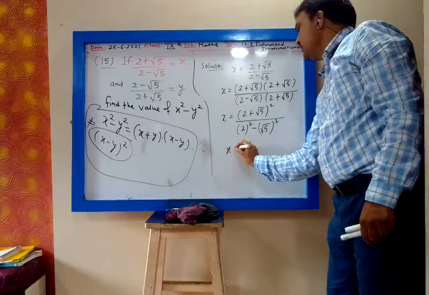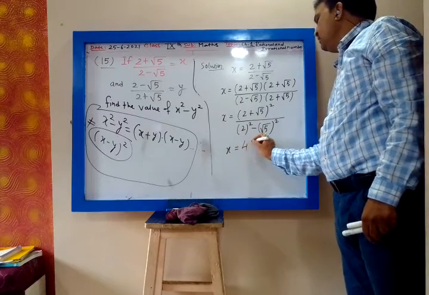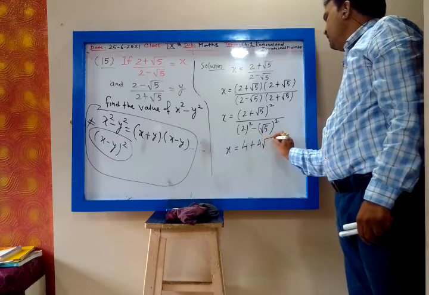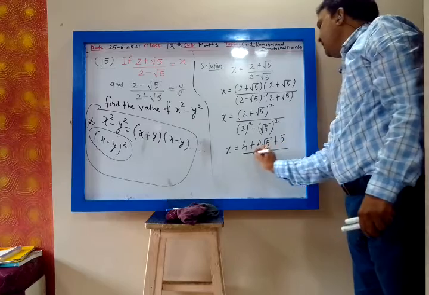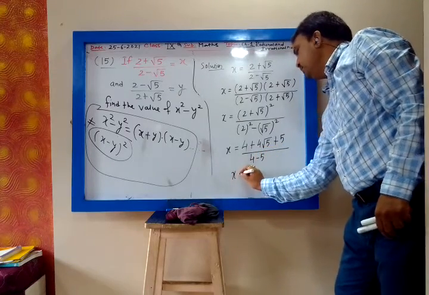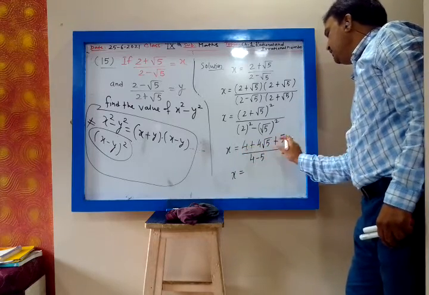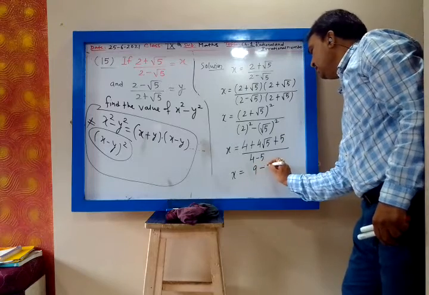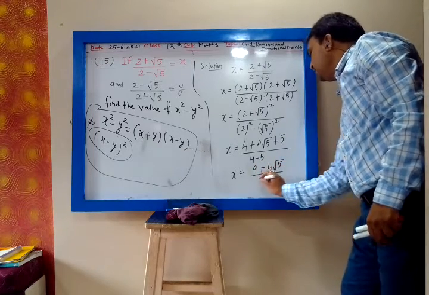So x is a plus b whole square, that will be a square plus 2ab plus b square: 4 plus 4 root 5 plus root 5 square, which is 5, upon 4 minus 5. So 4 and 5 add to 9, and the 4 root 5 you cannot add because it is a root. So 9 plus 4 root 5 upon minus 1.